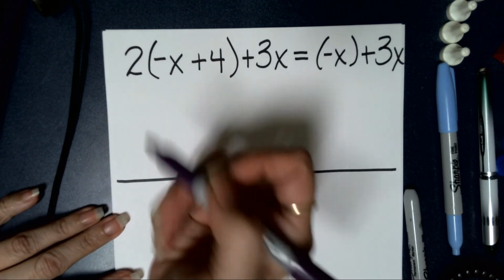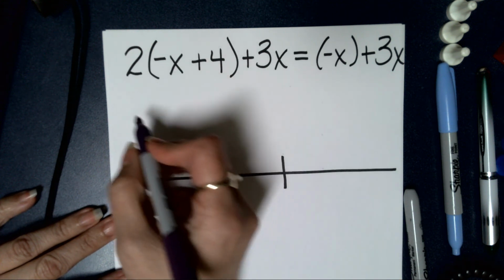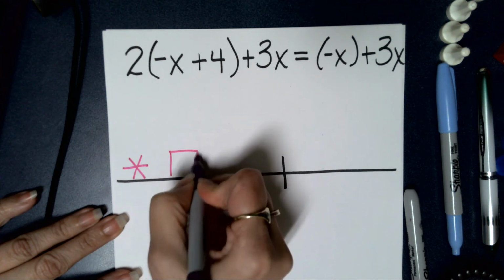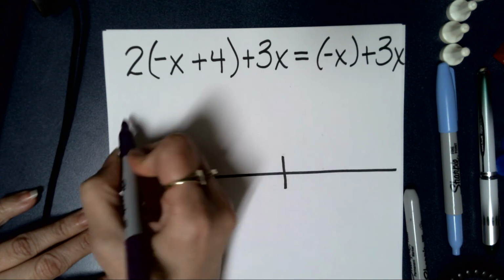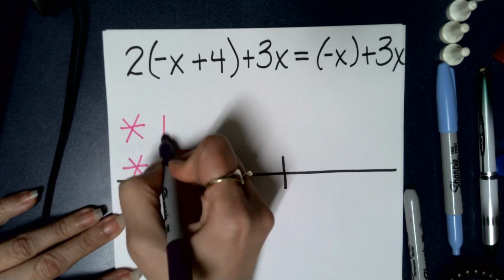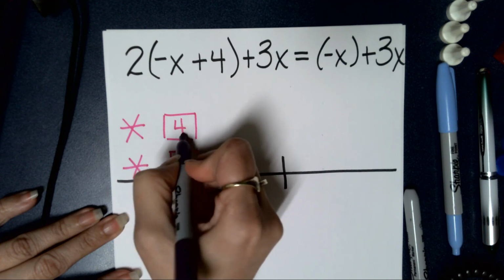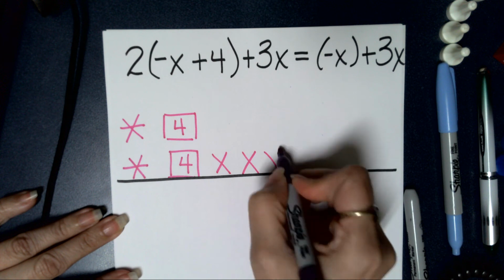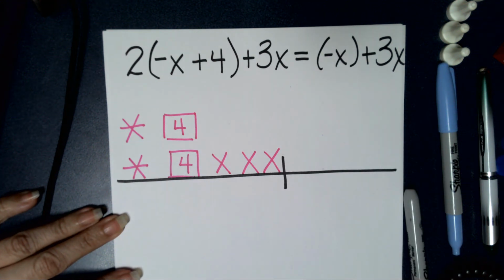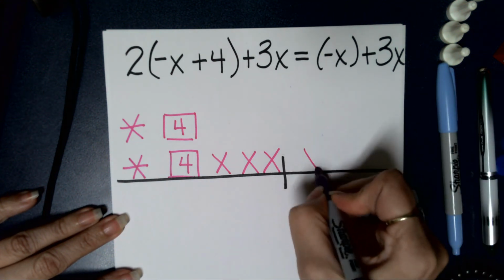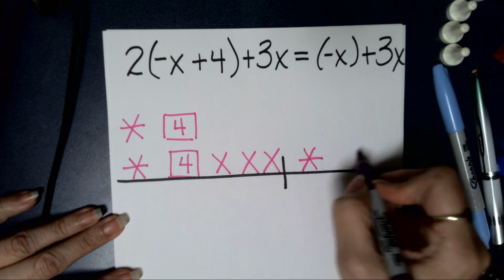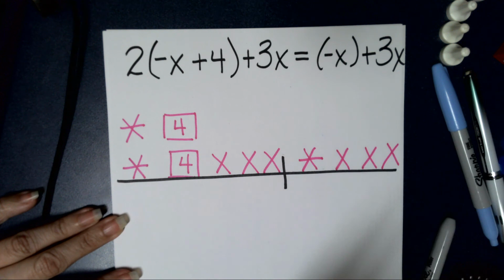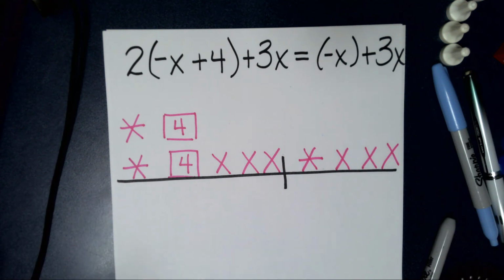We have 2 sets of star plus 4, so I've got star plus 4, and we have star plus 4, and then we have 3 X's: 1, 2, 3. On the right hand side we have star, and then we have 3 X's: 1, 2, 3. So there's our original setup.